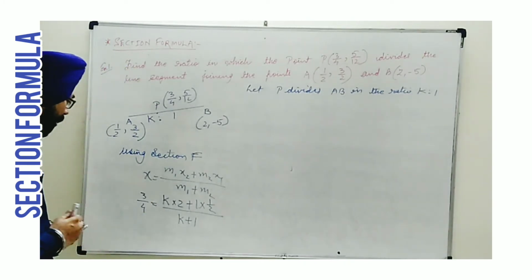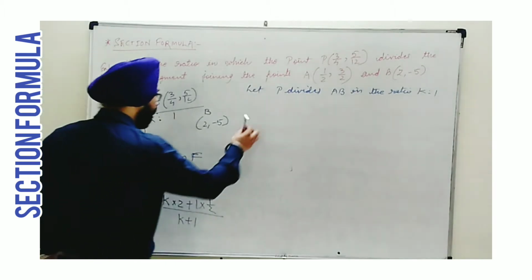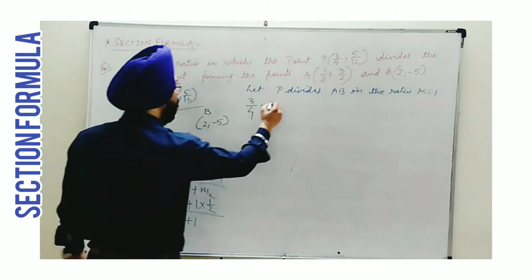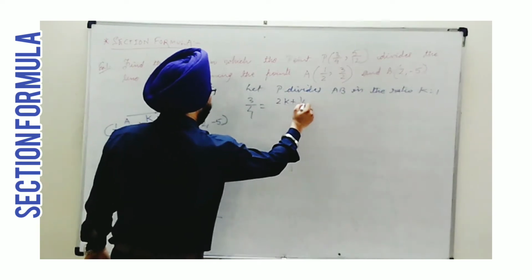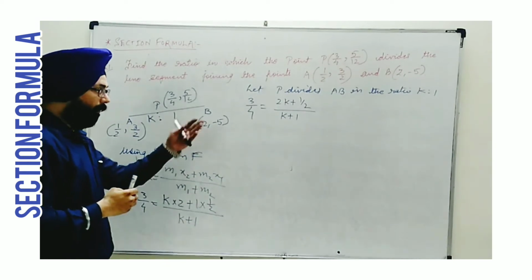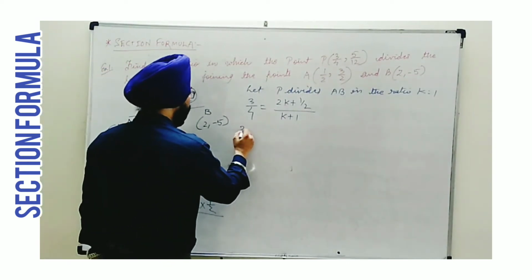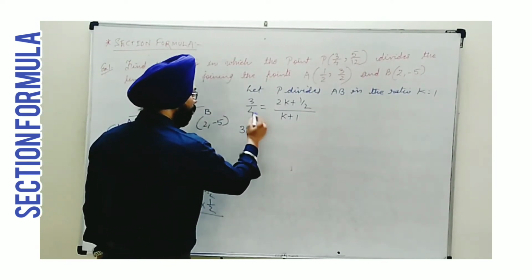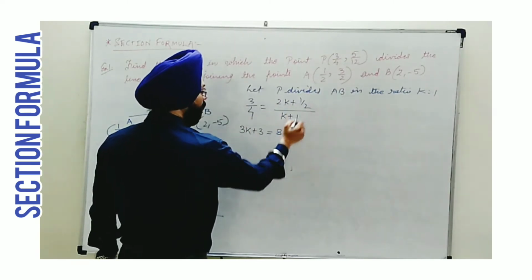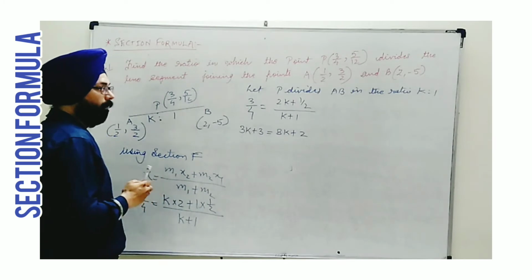Here, first of all, we will simplify the terms. We have 3 upon 4 equal to (2k + 1) upon (2(k + 1)). Now after cross multiplying we get 3k + 3 equal to 4 times (2k) plus 4 into 1 upon 2, which remains 2.